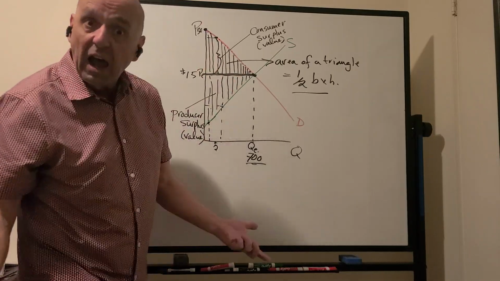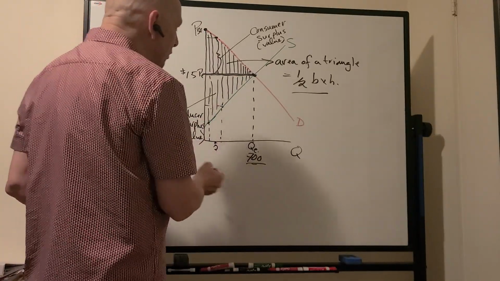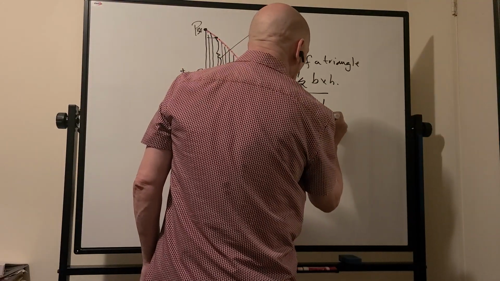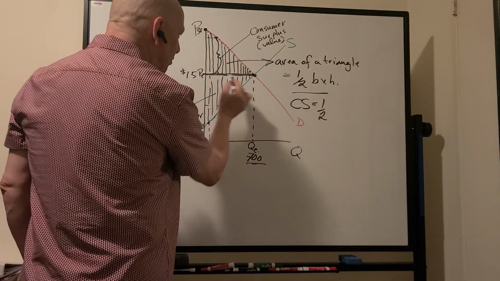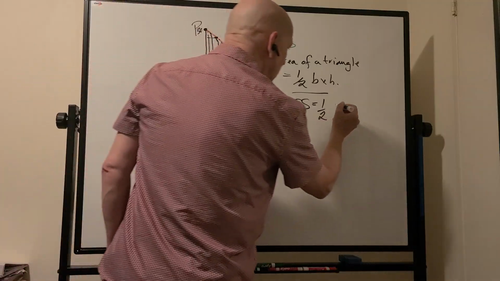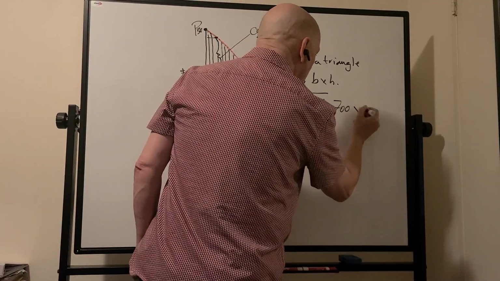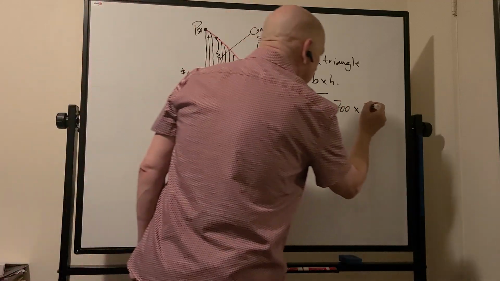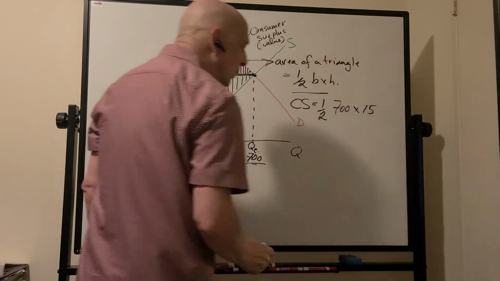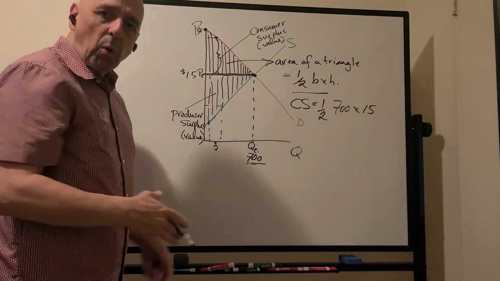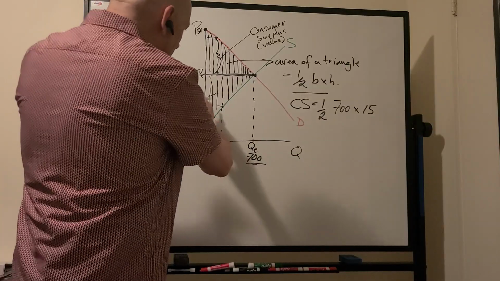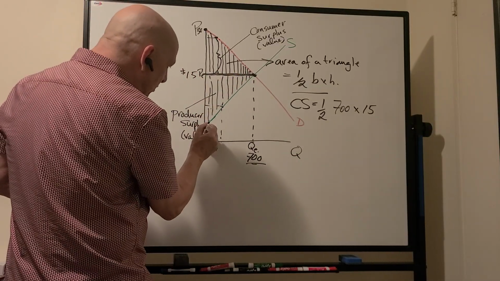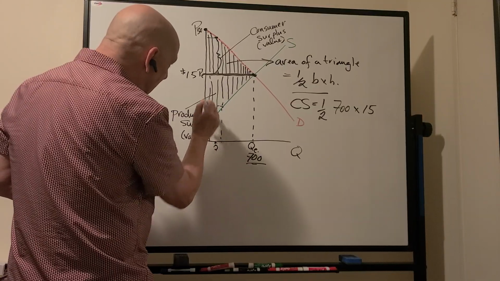So what is the size of the consumer surplus? Well, the consumer surplus is going to be equal to 1/2 of the base. Okay, so base 700 times the difference between here and here, which is going to be 15, right? And that's how we're going to calculate that. Same thing with the producer surplus. We've got the base times the height. Let's say this is about 5.